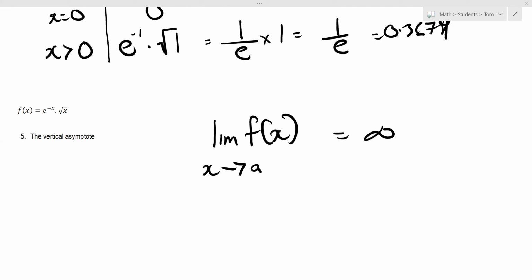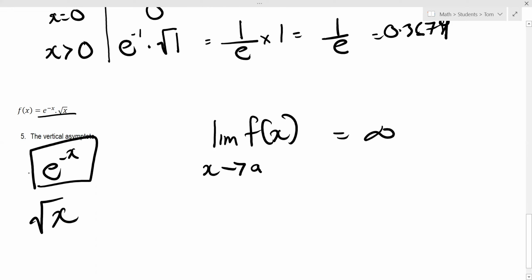Or is there a place along this function that will give us undefined? If we look at these two functions separately, an exponential function and a square root function, generally none of them have vertical asymptotes. An exponential function will have, let's say, a horizontal asymptote.